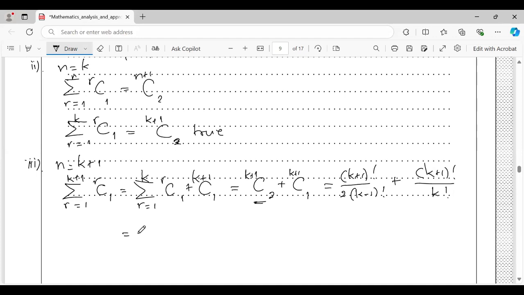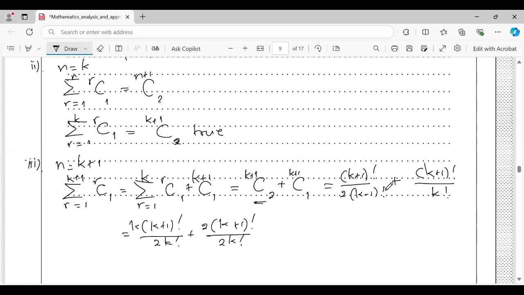And next, it becomes k times k plus 1 factorial over 2k factorial, plus 2k plus 1 factorial over 2k factorial.